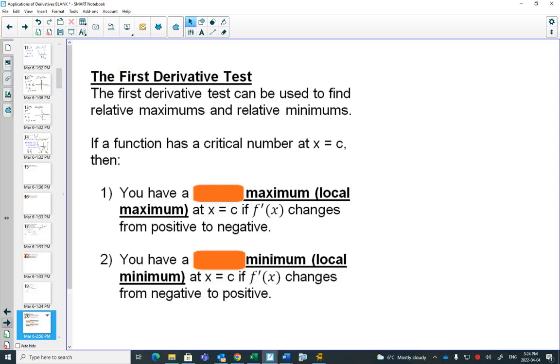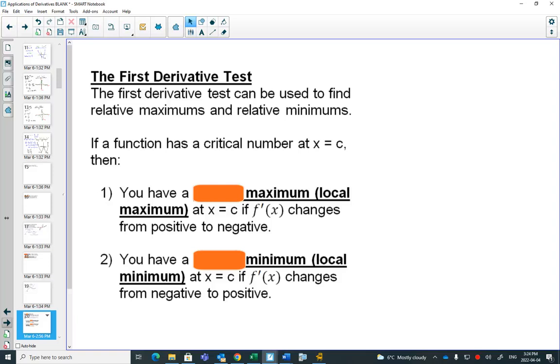Okay. The first derivative test. There are two derivative tests. They both find maximums and minimums. One finds the maximum or minimum using the first derivative.